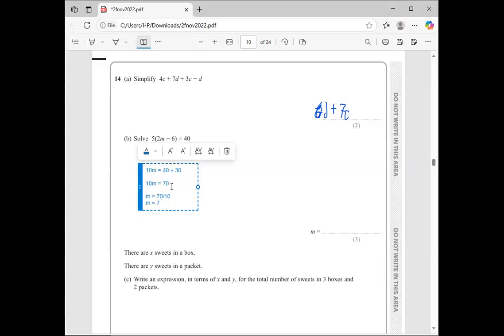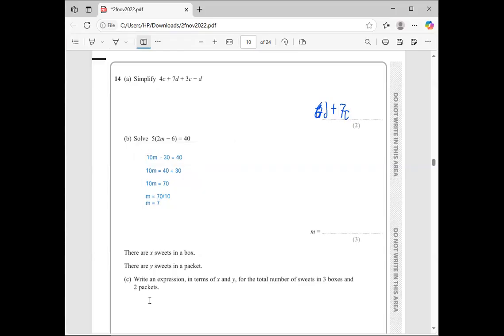Okay. So how would you tackle this last question? There are X sweets in a box, Y sweets in a packet. Write down an expression in terms of X and Y for the total number of sweets in 3 boxes and 2 packets. Total number of sweets. So if you have Y sweets in a packet, right? Are you there?